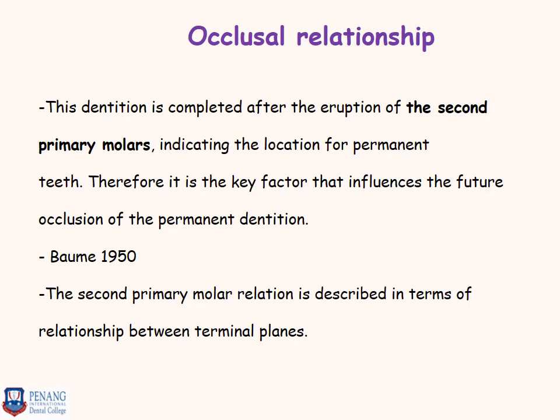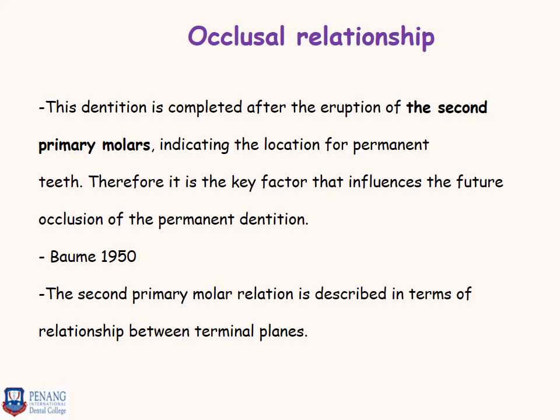Moving on to the occlusal relationship: as we have in the permanent dentition, we have something similar in the primary dentition also. The primary dentition is completed after the eruption of the primary second molars, and this indicates the eruption of the permanent first molars. How? Because the permanent first molars are going to erupt distal to the primary second molars.